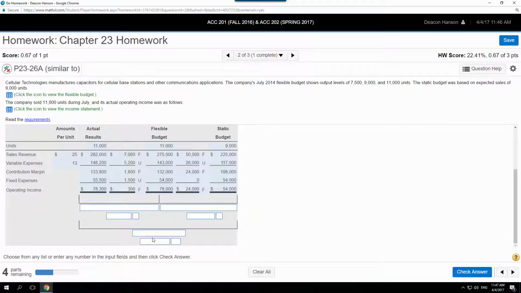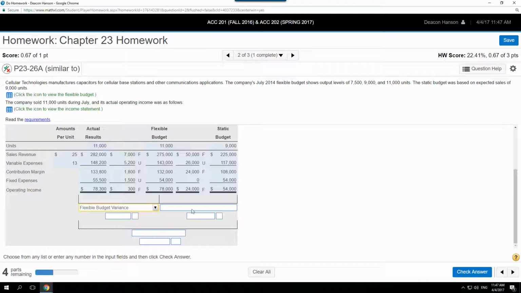Now they have labels. This is the old three-prong analysis format. So we're going to label actual versus flexible, and then flexible versus static, and then we're going to talk about the overall variance. I'm going to call this the flexible budget variance, because it's the actual versus the flexible.